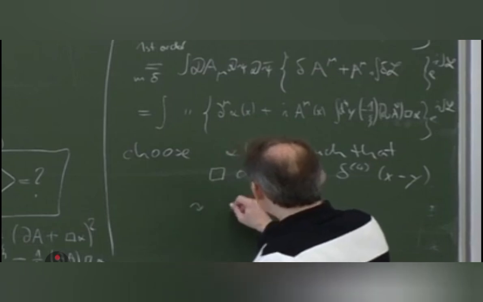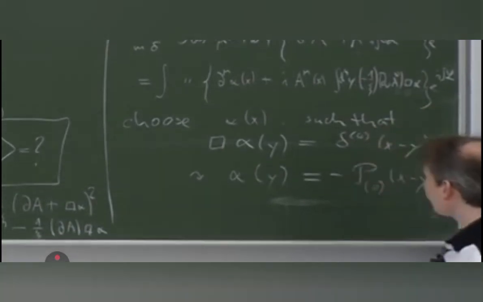That means alpha of y is nothing but the scalar field propagator p to the minus 1 at mass 0 of x minus y. This is valid by construction of the scalar field propagator. That is of course a trick, but it simplifies the whole thing.